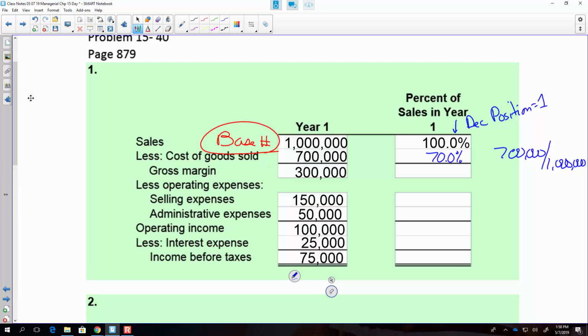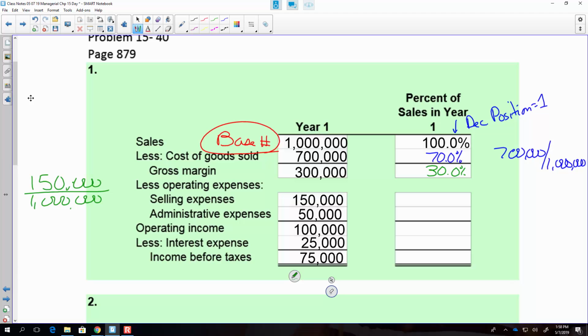I guess you could call it that way. 300 divided by 1 million is 30%. Okay. 150 divided by 1 million. Again, 1 million is our base.